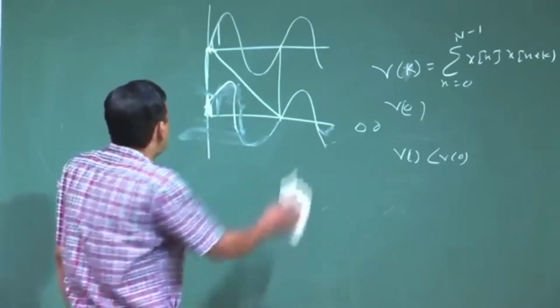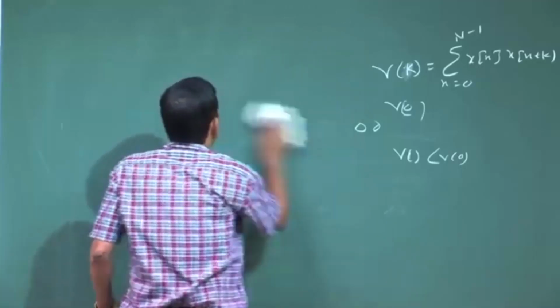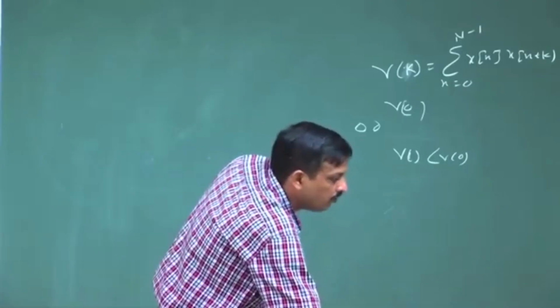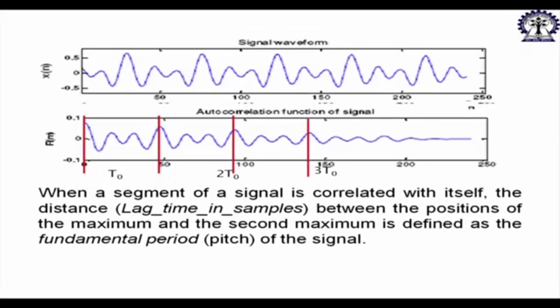So, if you see that plot, this is my signal and these are the R values, R1, R2, R3, R4, R5, R6. Now, if you see at around 50 samples, let us say 45 samples, there is again a maximum. Next also comes at 45 plus 45 a maximum, and 45 plus again.